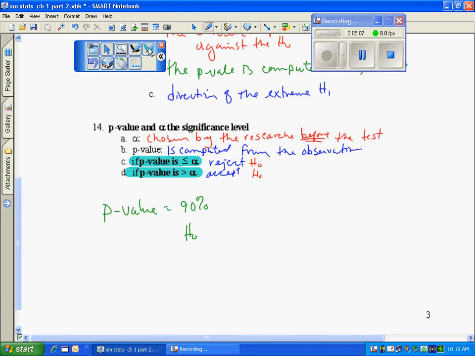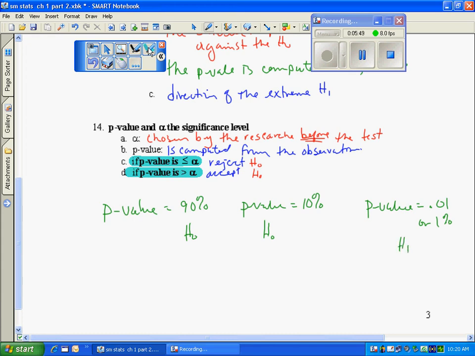What happens if my p-value is equal to 10%? A lot less likely to happen from my null, but still, depending on alpha, I might pick and stick with my null, and I'm going to do that after comparing it to alpha. If my p-value is 0.01 or 1%, I'm only going to get this observation 1% of the time if my null is true. Most likely I'm going to go with my alternative.